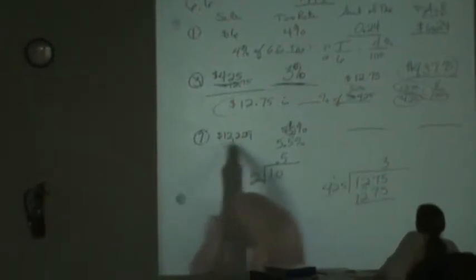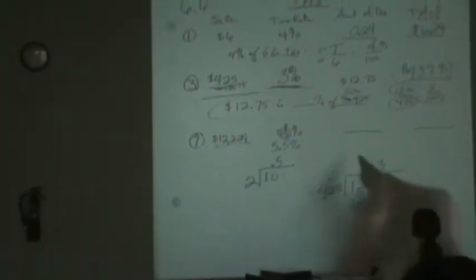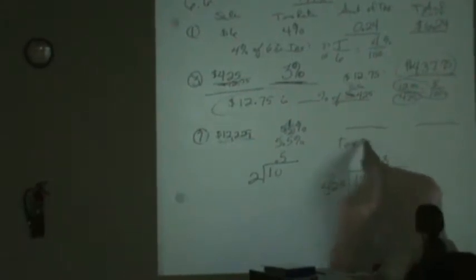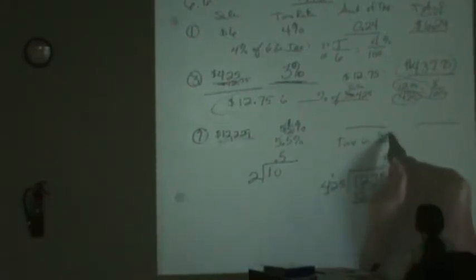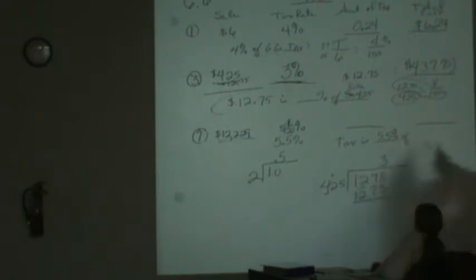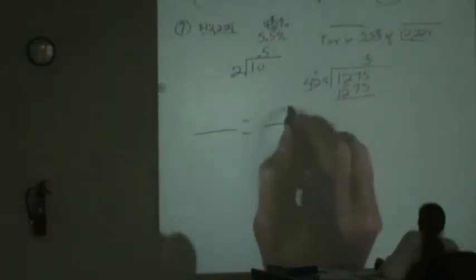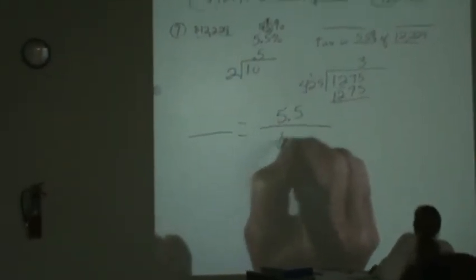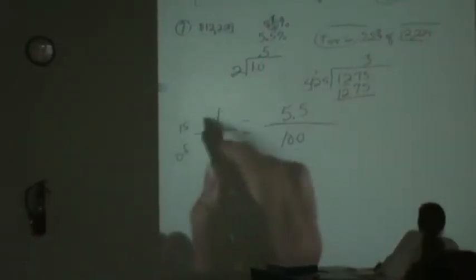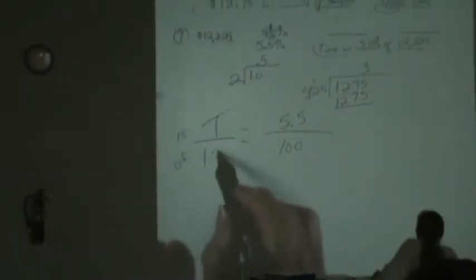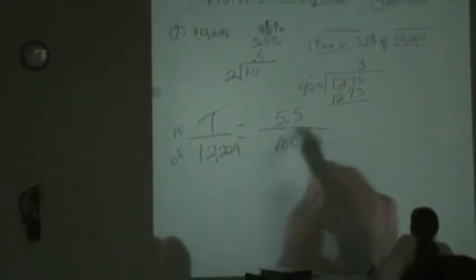So the tax is 5.5% of the sale, $12,229. Okay, let's move that up where we have a lot more room. Percent goes over 100. We don't know the tax. Of is 12,229.